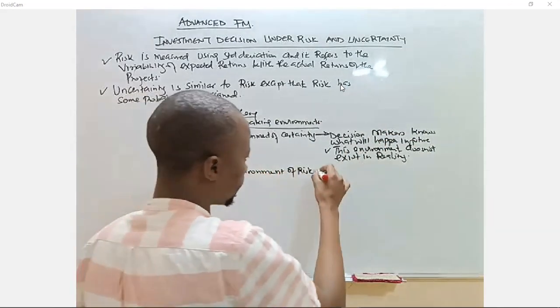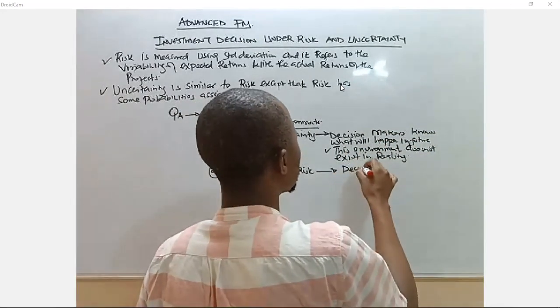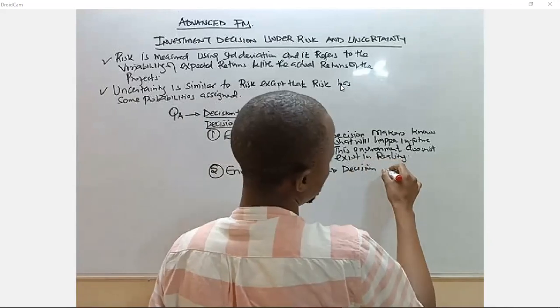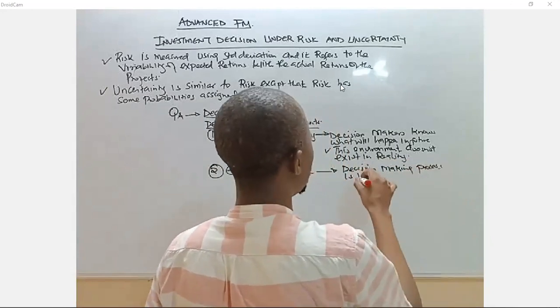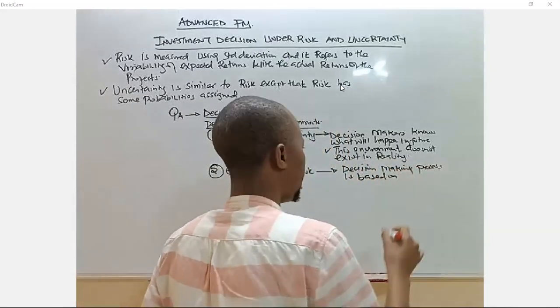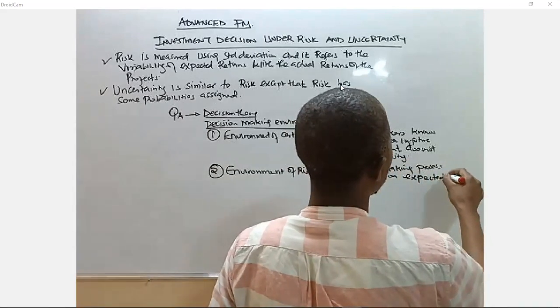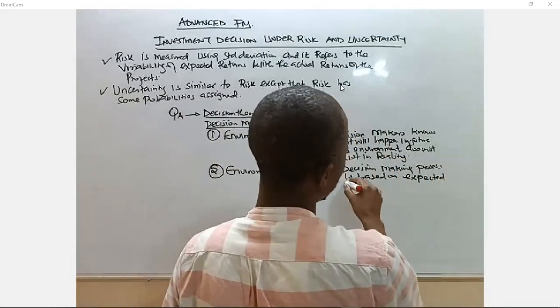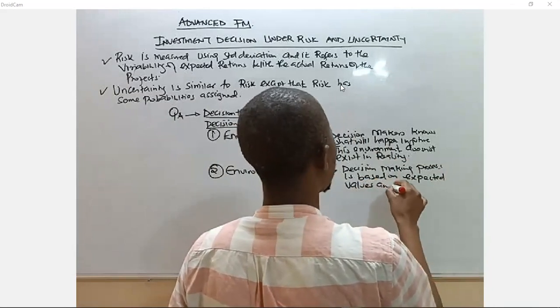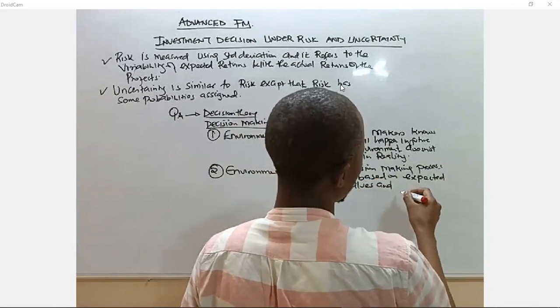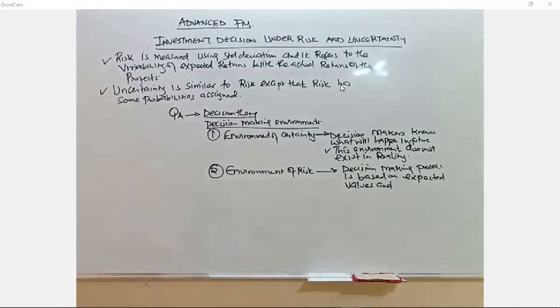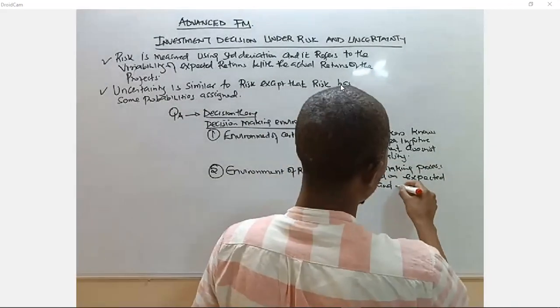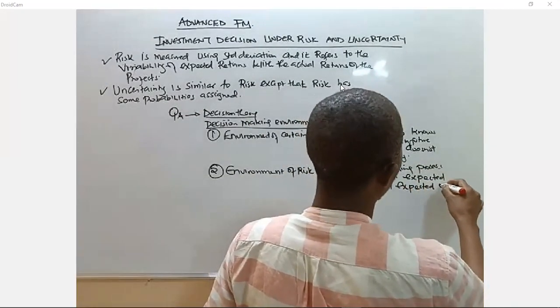And we used to say here the decision-making process is based on expected returns, on the expected values, and we used to talk about the expected opportunity losses. Opportunity losses.